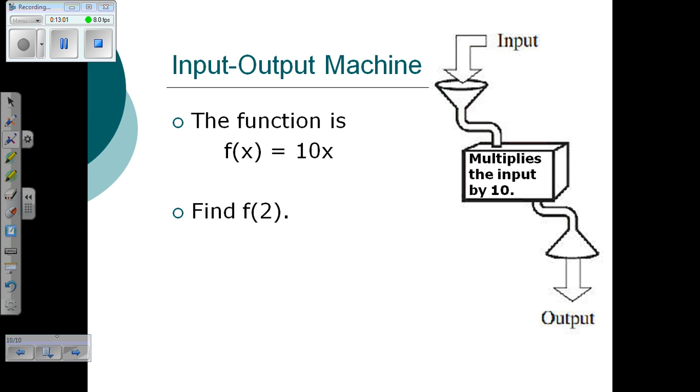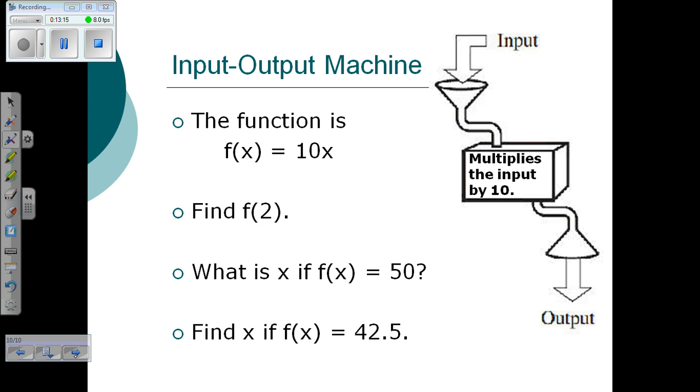What would be the value for f of 2? That means again that I'm giving you the input of 2, and you have to find the output. Give that a try, and also give these other two a try. I will give you about 20 seconds to do those.